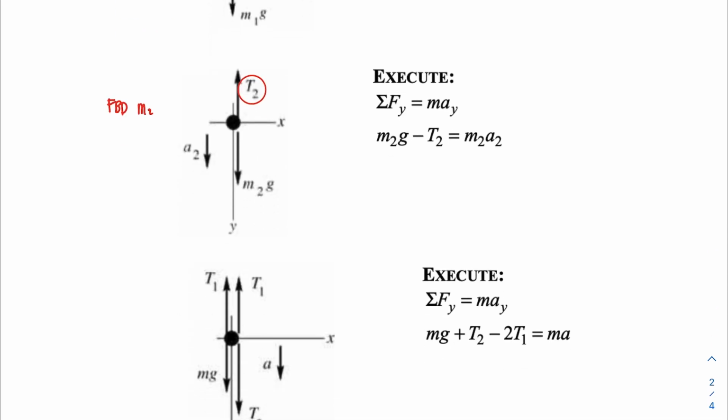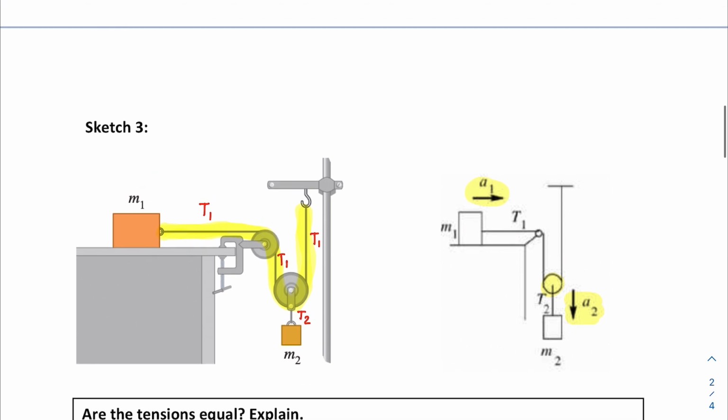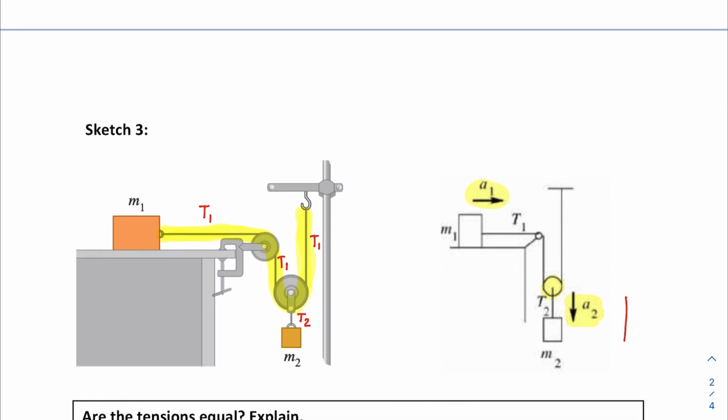Okay, now how about the third free body that you are seeing here? This is actually the free body diagram of the pulley, because as you can see from the schematic diagram, everything is going down here, including mass 2, as well as the pulley.